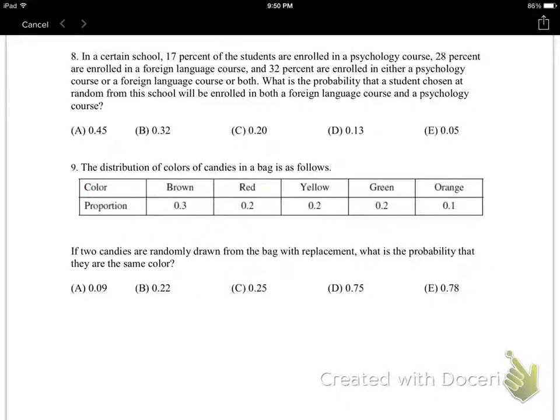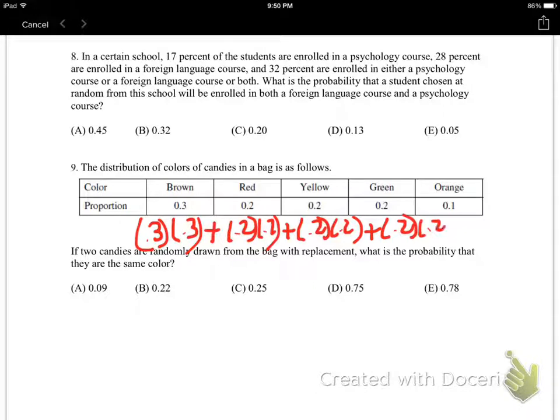Okay, so what they want to know is what is the probability that they are the same color? So we're picking 2 candies. So that could be a brown and a brown, which is 0.3 times 0.3. Or a red and a red, so it's going to be plus 0.2 times 0.2. Or a yellow, plus 0.2 times 0.2. Or a green, plus 0.2 times 0.2.